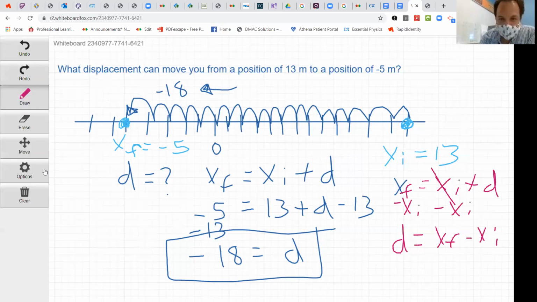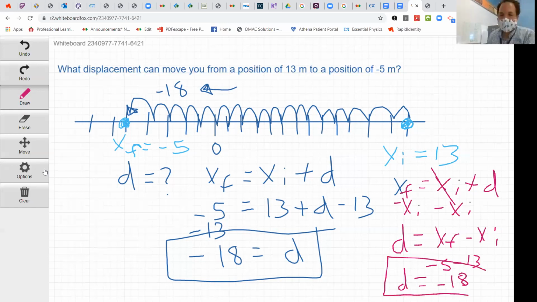So we get XF is -5 minus 13 equals -18. So any way you do this, the number should come out the same. See, I did it 3 different ways. I did it by just plugging in the numbers. I did it by rearranging the equation. And then I did it by the number line. So 3 ways to get that. So the answer is -18.